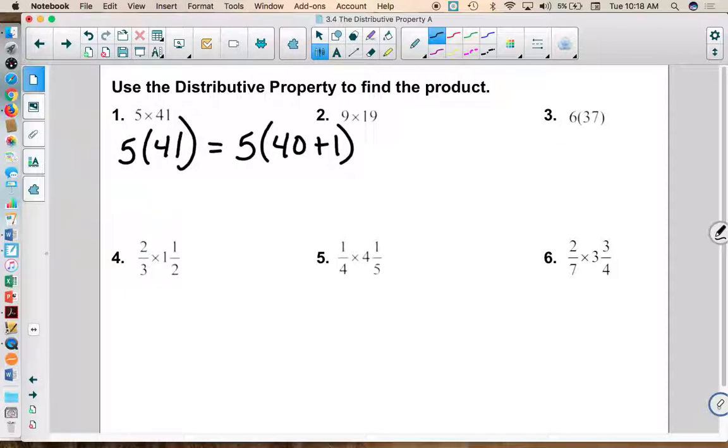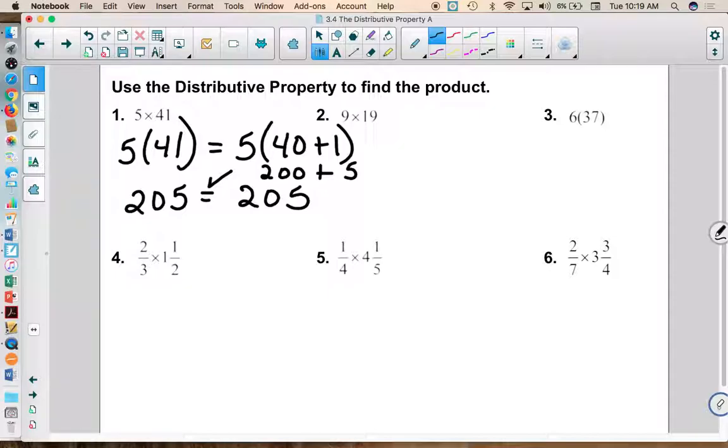Okay? So somebody use your calculator and multiply 5 times 41. 205. Okay? 5 times 40 is 200, isn't it? And 5 times 1 is 5. Does it check?